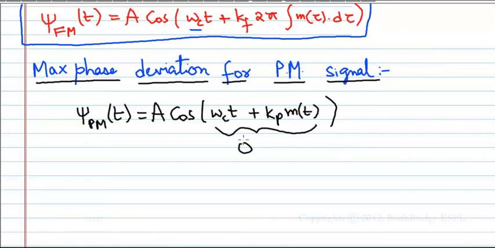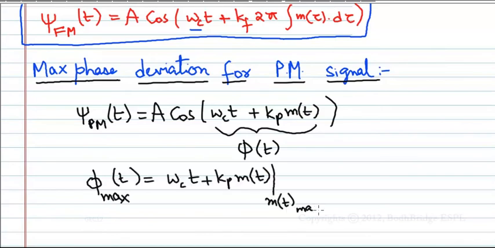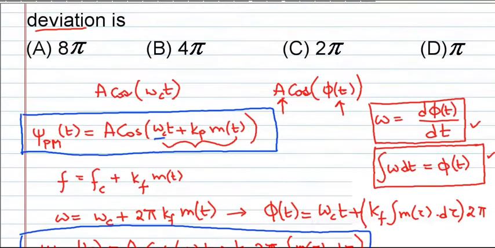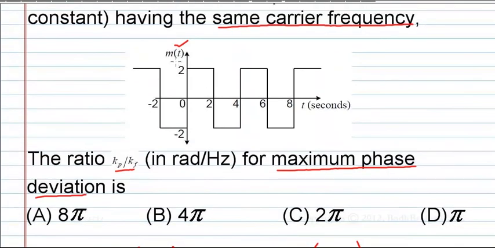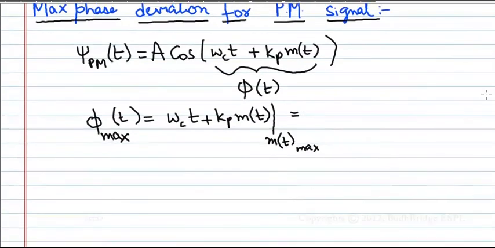We already know this. What is the maximum phase? We get maximum phase when the maximum of m of t is present. What is the maximum of m of t? It is 2 or minus 2. At both, we have the magnitude to be maximum. Omega ct plus kp into 2, m of t is 2. Or let me show this pictorially.